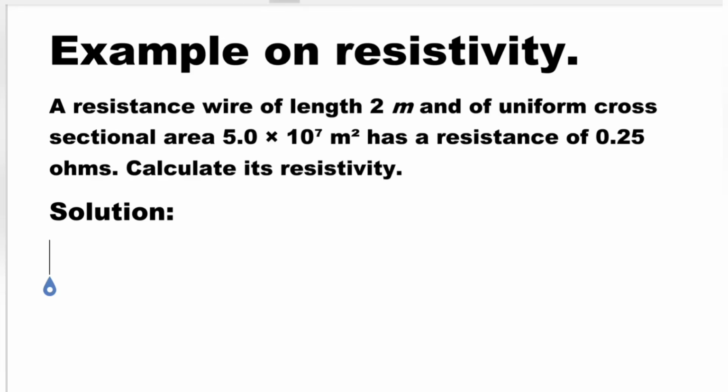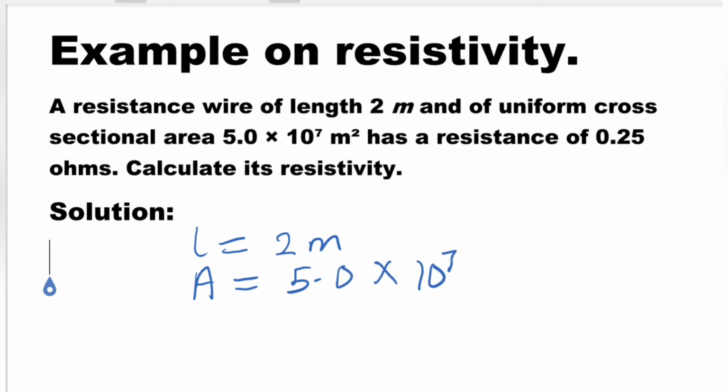Here is an example on resistivity. A resistance wire of length 2 meters and of uniform cross-sectional area 5 times 10 to the power 7 meters squared has a resistance of 0.25 ohms. Calculate its resistivity. So from the question, the length of the resistance wire given to us is 2 meters. The cross-sectional area, which is A, is 5.0 times 10 to the power 7 meters squared.